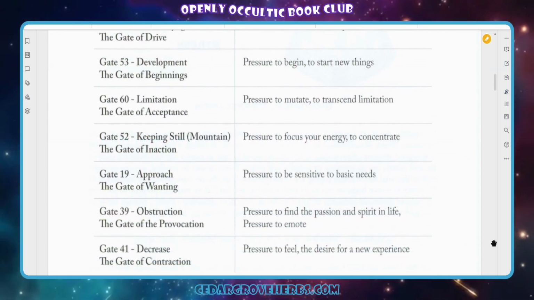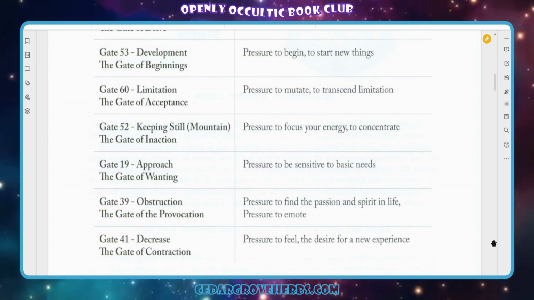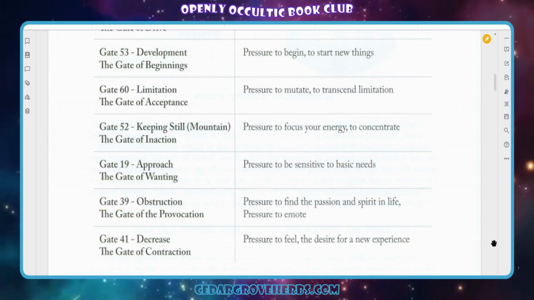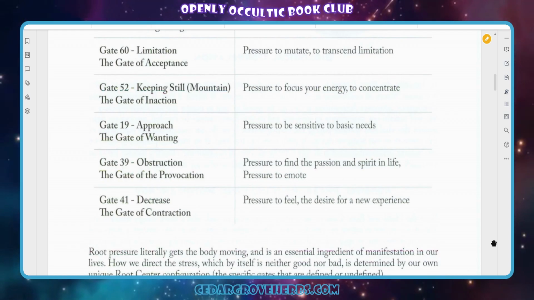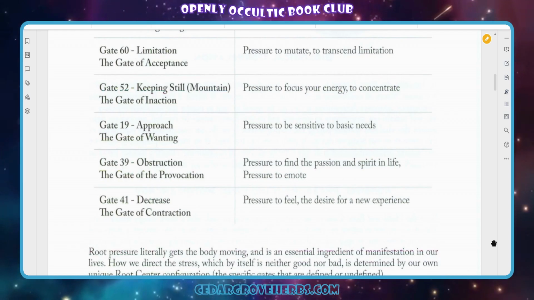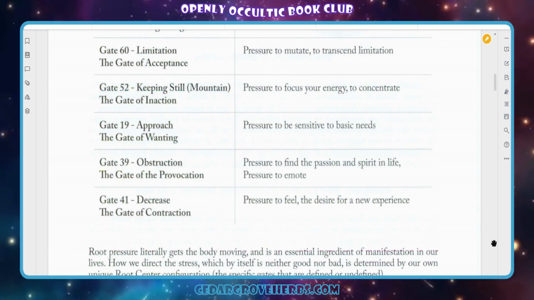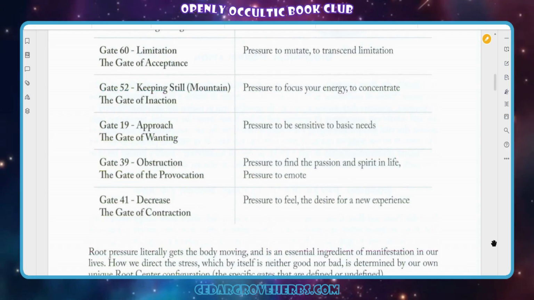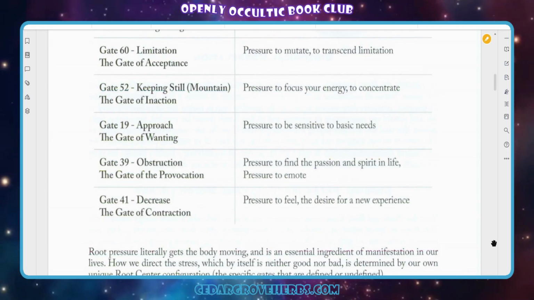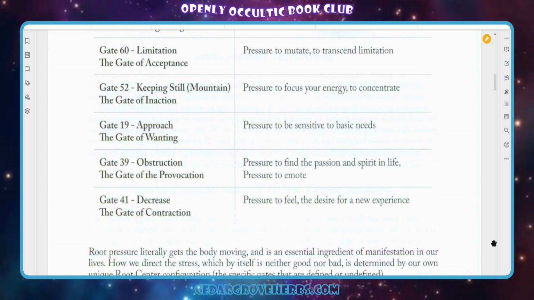Gate 52, keeping still, like mountain, the gate of inaction, pressure to focus your energy, to concentrate. Gate 19, approach, the gate of wanting, pressure to be sensitive to basic needs. Gate 39, obstruction, the gate of provocation, pressure to find the passion and spirit in life, pressure to emote.